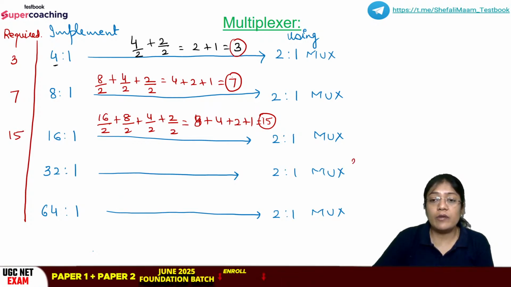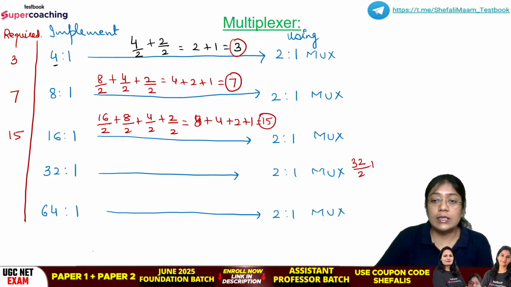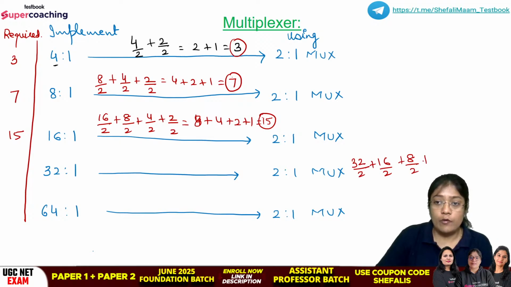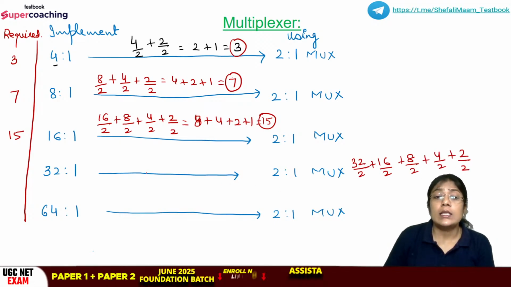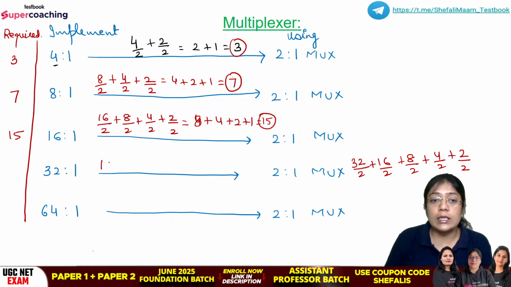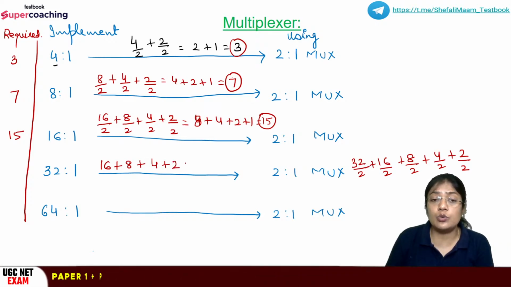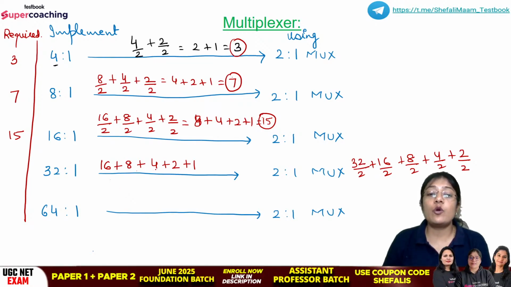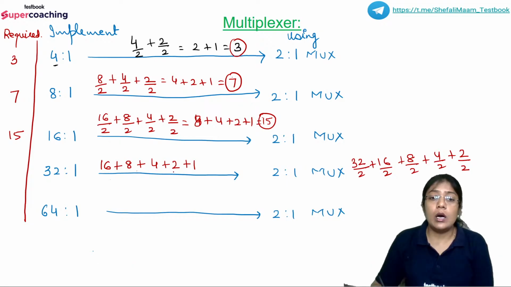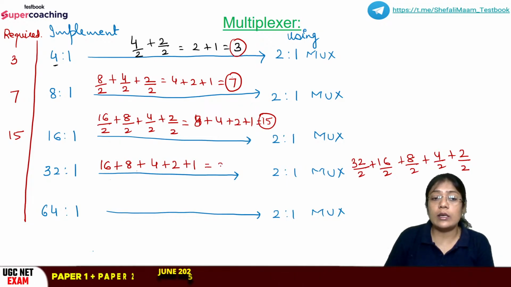Similarly, 32 divided by 2, 16 divided by 2, 8 divided by 2, 4 divided by 2, 2 divided by 2. 32 divided by 2 is 16. 16 divided by 2 is 8. 8 divided by 2 is 4. 4 divided by 2 is 2. 2 divided by 2 is 1. 16 plus 8, 24 plus 4, 28 plus 2, 30 and 1, 31.